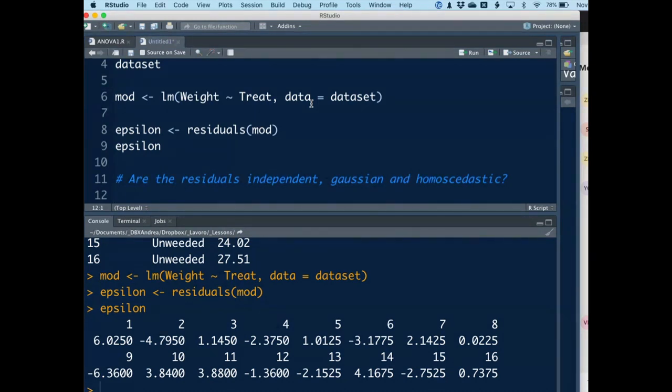We have two possible lines of attack at this stage. The first line of attack is to make some graphical analysis. It's like taking a look, visualizing. So nothing to do with statistics. We just visualize.